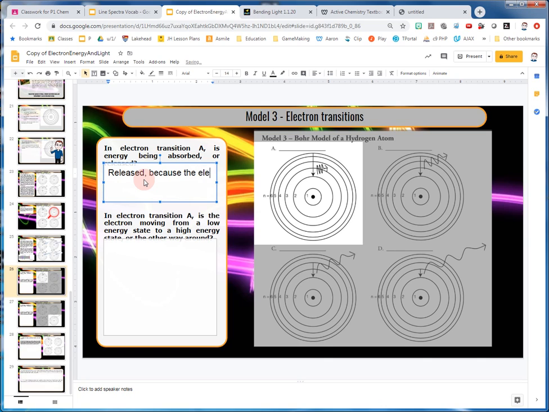because the electron is moving toward the nucleus. In electron transition A, is the electron moving from a low energy state to a high energy state, or the other way around?